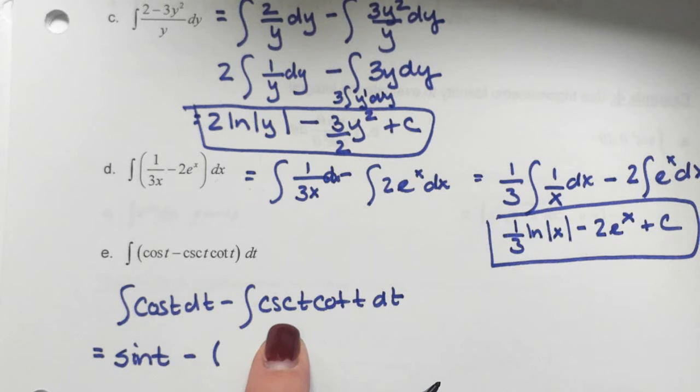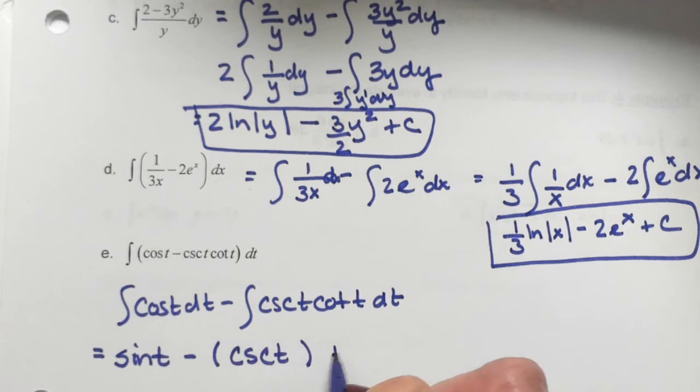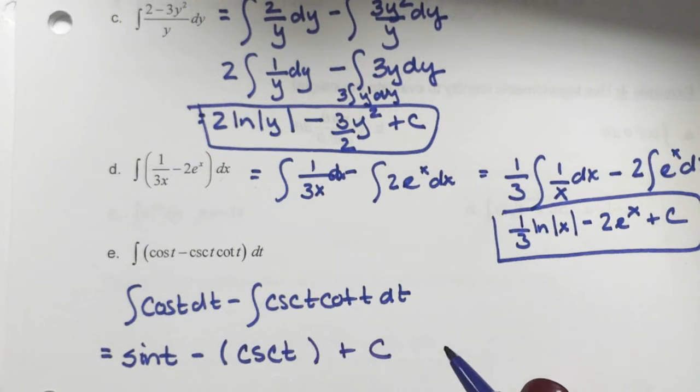So now the question is, what function's derivative comes from cosecant t cotangent t? Cosecant. Plus your what? Plus c. Now, what's missing in front of this cosecant? Negative. Why do I need a negative there?